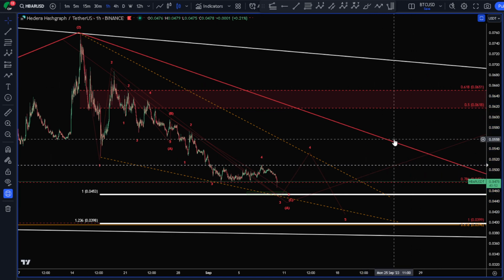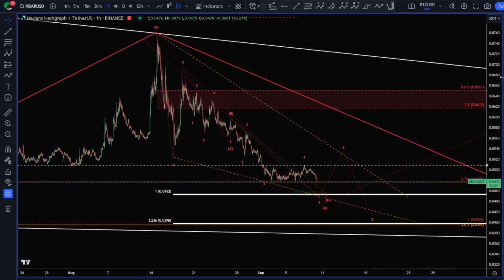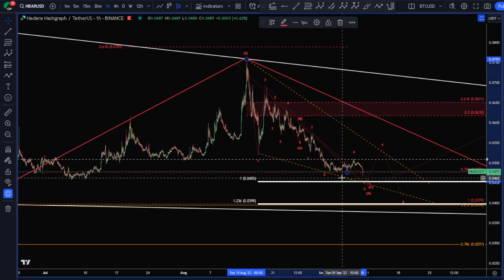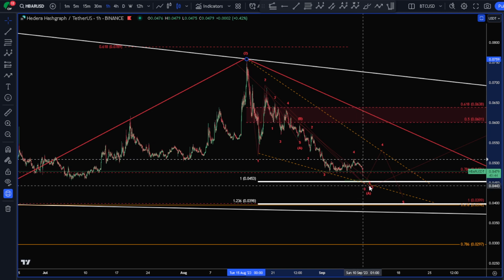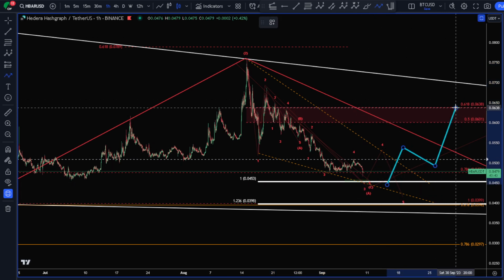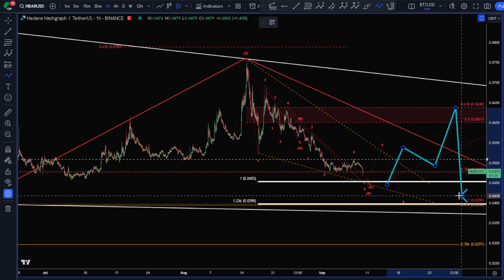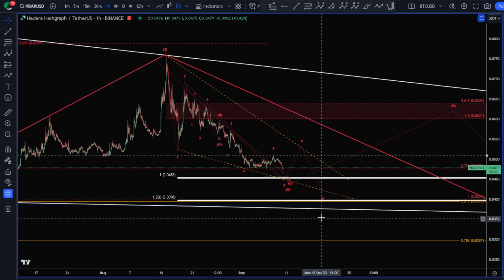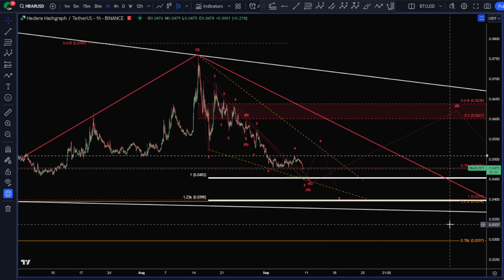But based on what waves we have now, there's really no entry at all to get into this. But at some point here in the near future, we should get a correction to the upside so we can enter our short to the downside for that C wave or Y wave of that third wave to the downside. So as of right now, sidelined.